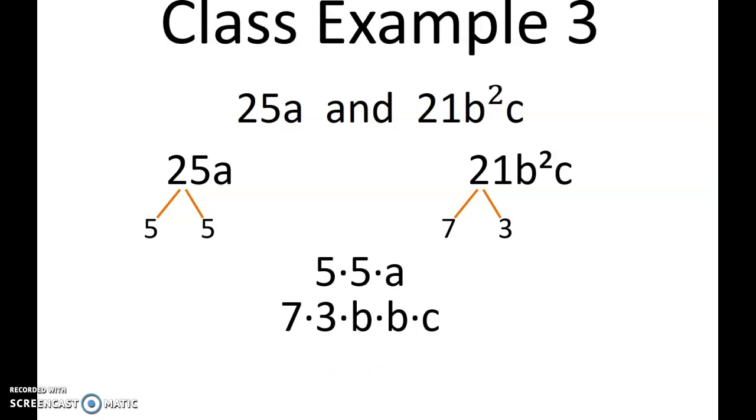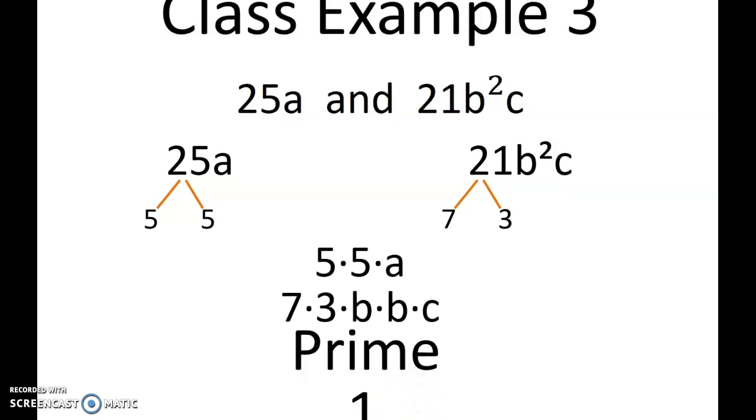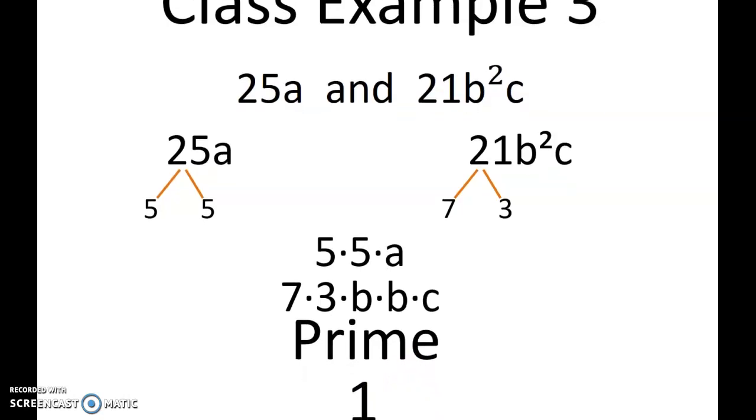And then we look to see what they have in common. They have nothing in common, which means they're both prime. Both of those terms are prime. There is nothing that we can factor from those terms. Those two numbers are prime, so they cannot be factored. And so the only common factor that they have would be 1.